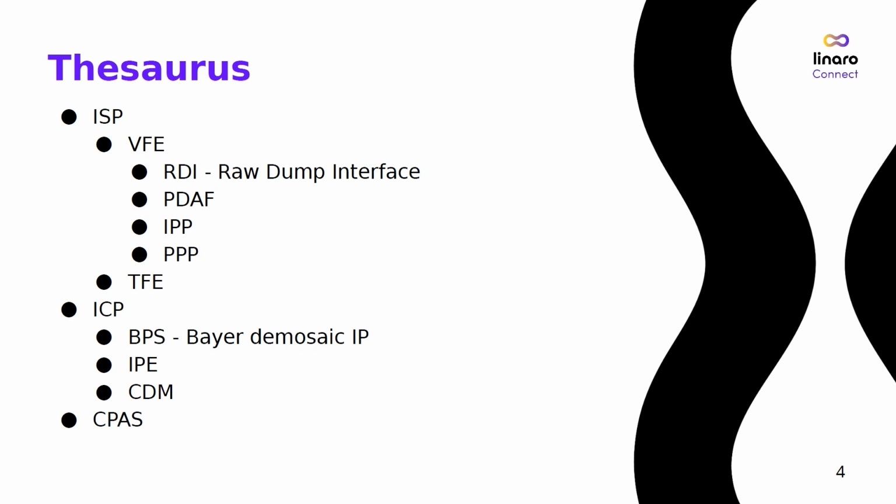ICP is the missing part, but the ISP, image sensor processor, contains the video front end, which provides a number of output data formats. Mainly what is used by current users of CAMSS in the upstream kernel is the raw dump interface.